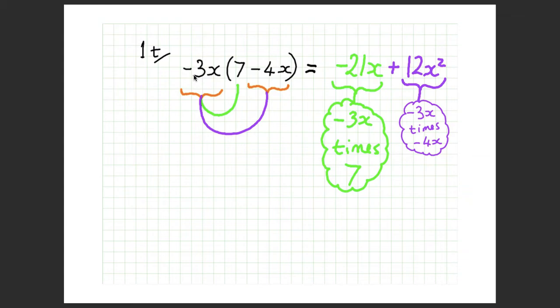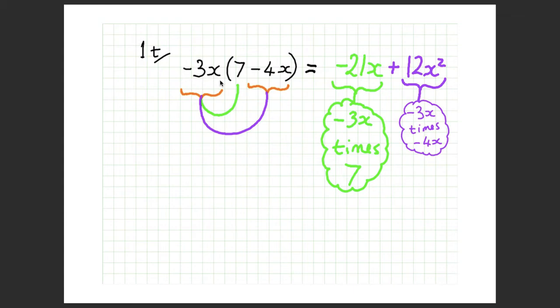Now here they get really complicated. Minus 3x times brackets 7 minus 4x. So minus 3x times 7 gives you minus 21x, because minus 3 times 7 gives you the minus 21, but you're also multiplying by x as well.